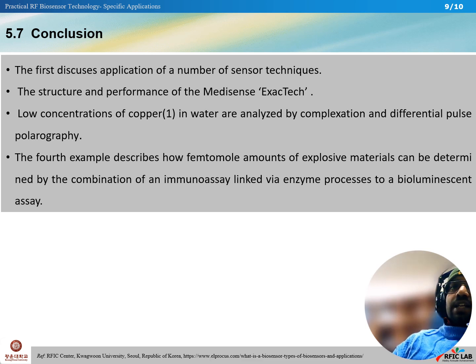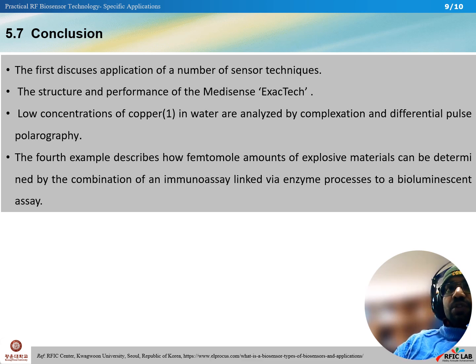Now at last we will conclude. In this presentation we first discussed a number of sensor techniques, then we saw the structure and performance of the glucose sensor, and then the low concentration of copper in water analyzed by complexing and differential pulse polarography.